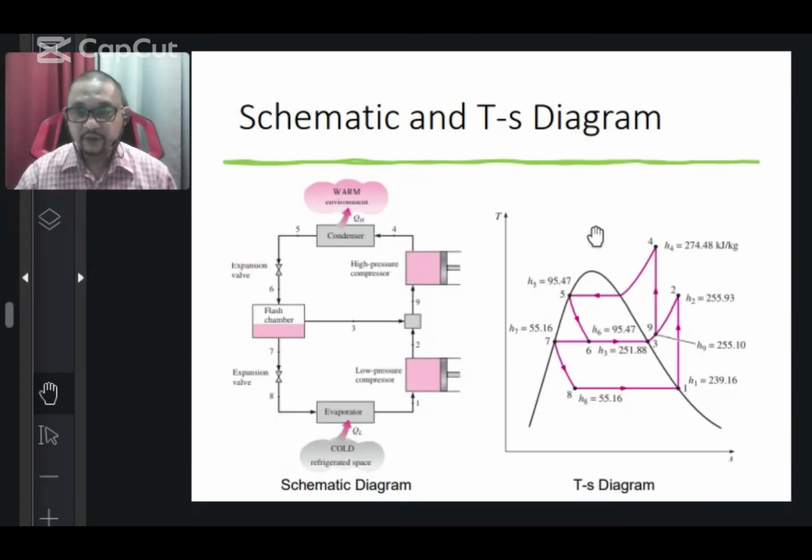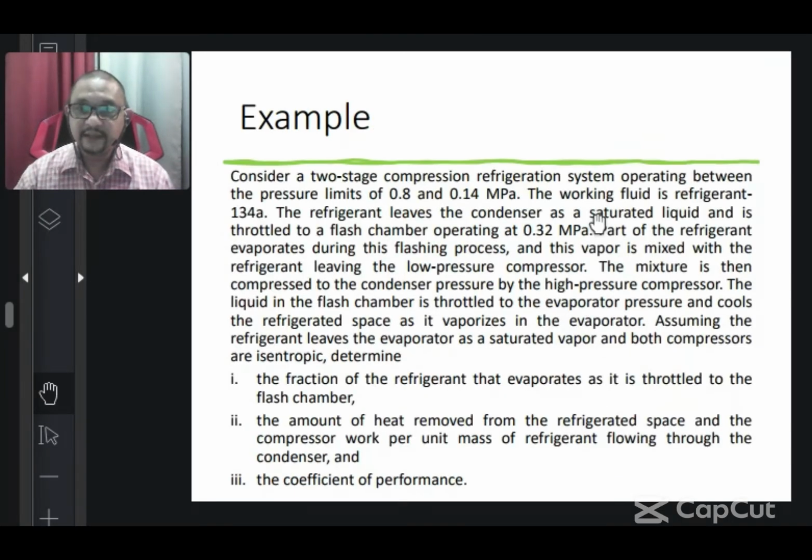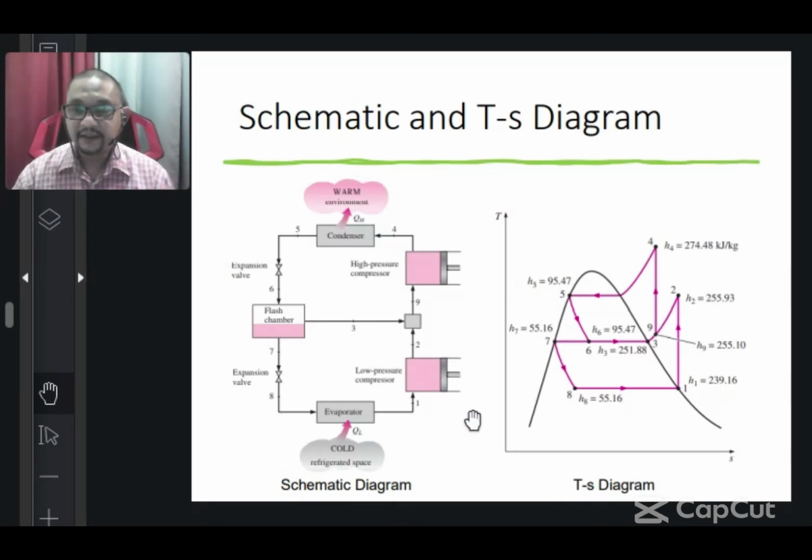Okay, to solve this problem, you have to first define which system this is. As I said, when it says flash chamber, this is a multi-stage compression refrigeration system. So this is the schematic diagram of the multi-stage compression refrigeration system, and this is the T-s diagram for this system.